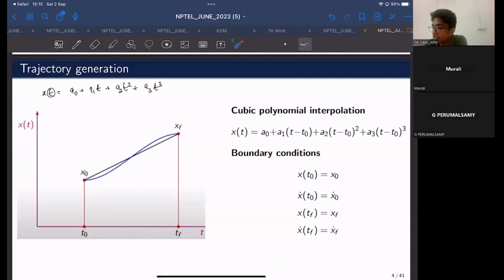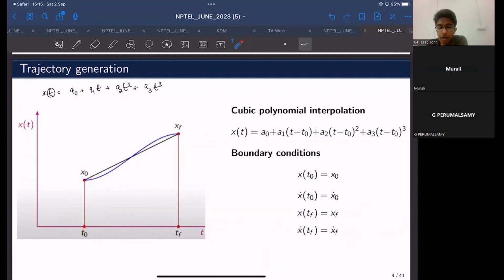So the advantage of a cubic interpolation is that we can also have velocity boundary conditions. On top of position boundary conditions such as x0 and xf, we can also have velocity boundary conditions. So when t equals t0, x is x0, and we can also specify the velocity at time t equal to t0.